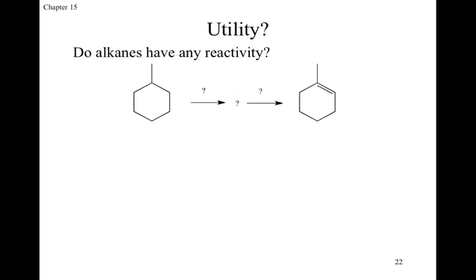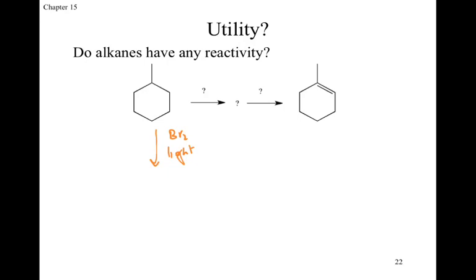So the utility. Do alkanes have any reactivity? No. So if I started with methyl cyclohexane and wanted to turn it into an alkene, before we looked at radicals, I got nothing. There's no way to run this reaction. After I now understand that I can react it with a radical, what I can go through and do is, at this point, bromine in the presence of, say, light.